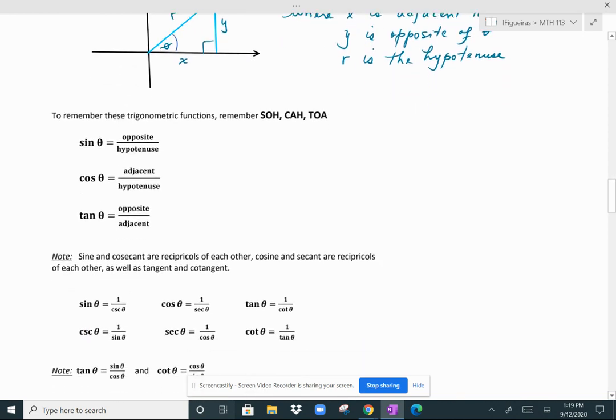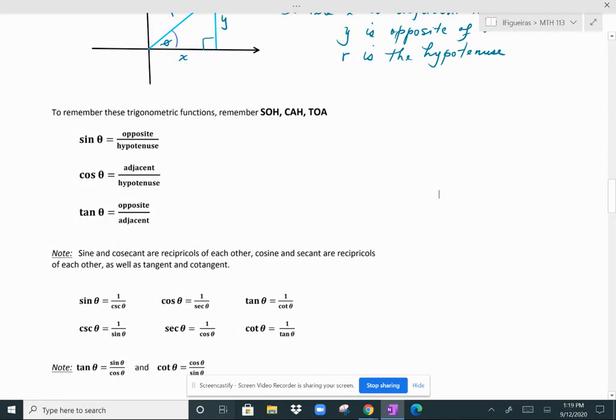So as I mentioned before, some of our trig functions are reciprocals of the others. Sine of theta is the reciprocal of cosecant, and therefore cosecant of theta is the reciprocal of sine. The same is true for cosine and secant. Cosine of theta is the reciprocal of secant, therefore secant of theta is the reciprocal of cosine.